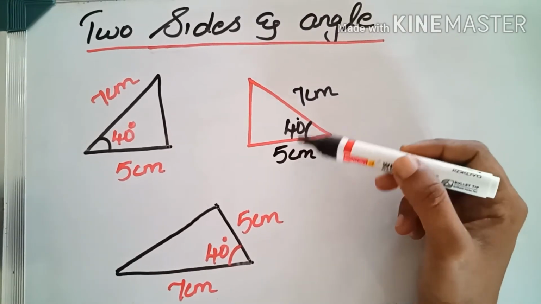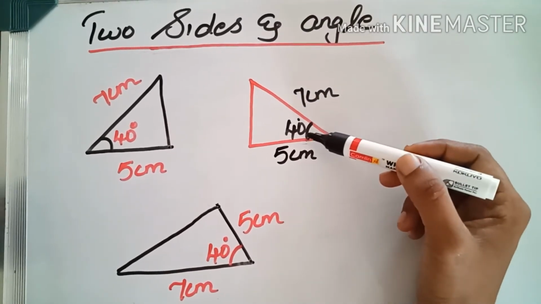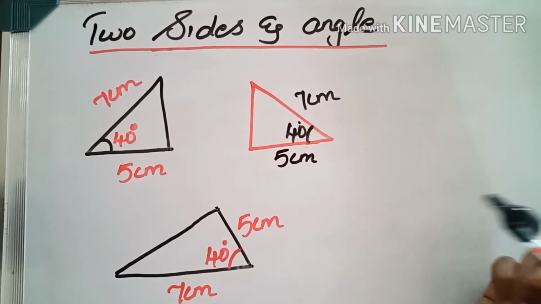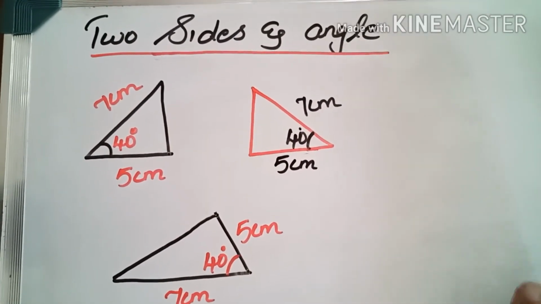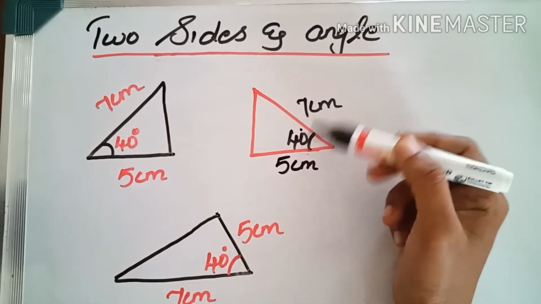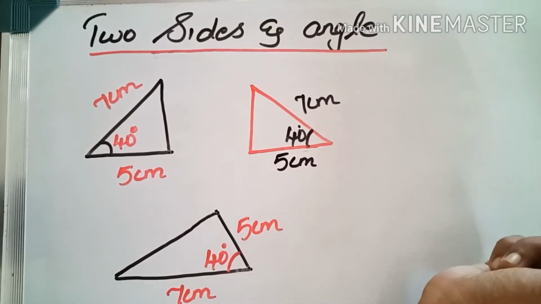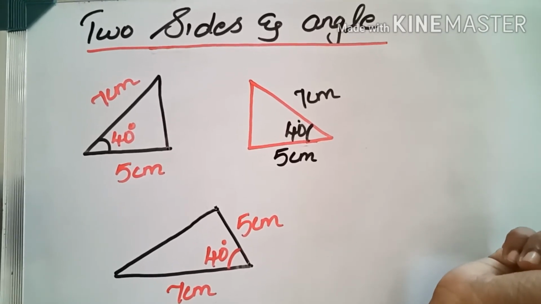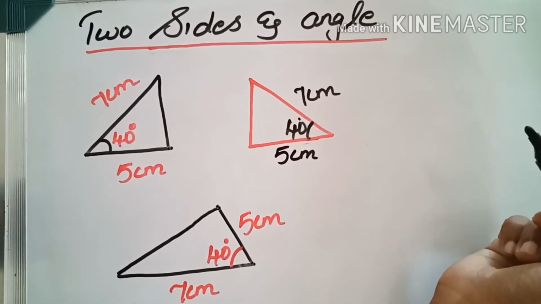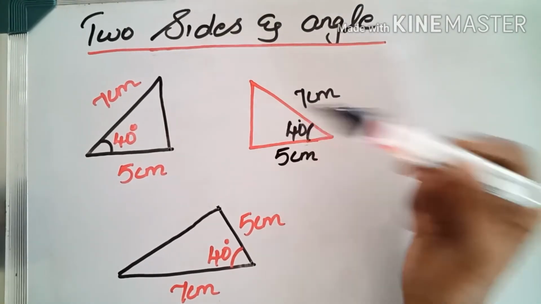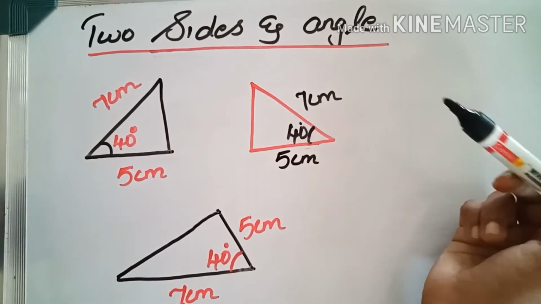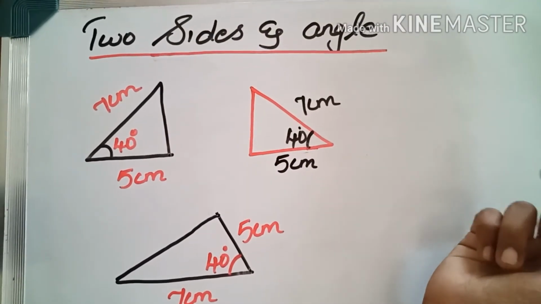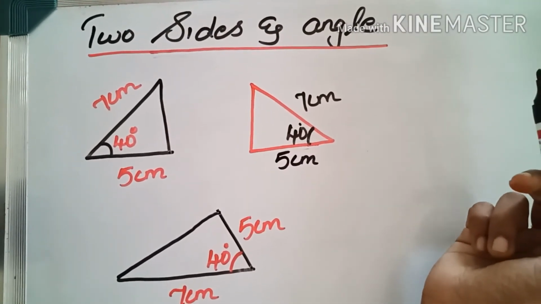Okay, if two sides and the angle between them are the same as those of the first triangle or second triangle, whatever it be, if two triangles have the same two sides and the angle in between also the same, then we can say that they are equal triangles. Now for equal triangles, the remaining third side will also be equal. Here the measurement is not given for the third side, but it will be equal.